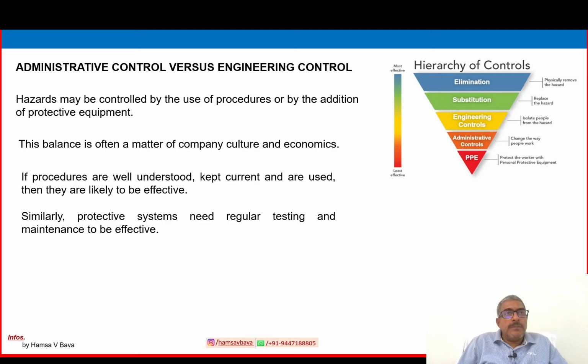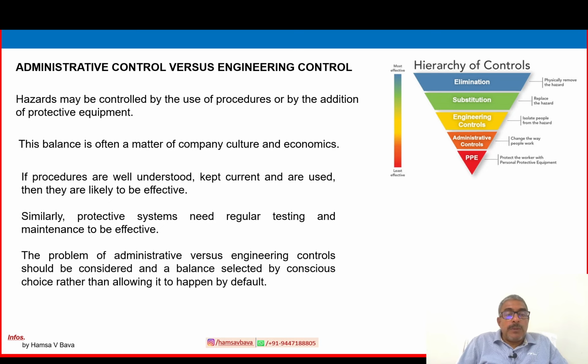ESD system and interlock system come under examples of protective systems. The balance of administrative versus engineering control should be selected by conscious choice rather than allowed to happen by default.